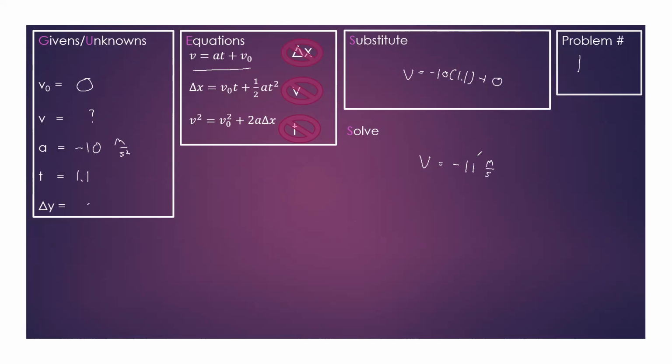Now the velocity at impact, you would just do the exact same problem. You would just replace the 1.1 with 1.85. That would be negative 10 times 1.85, which is negative 18.5 meters per second.